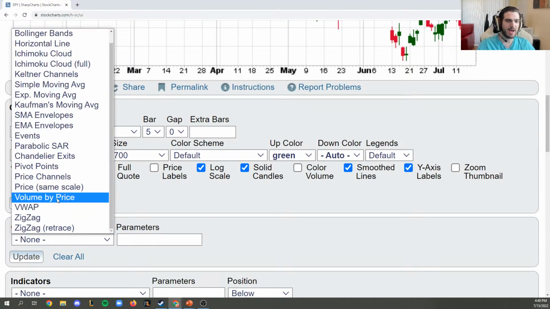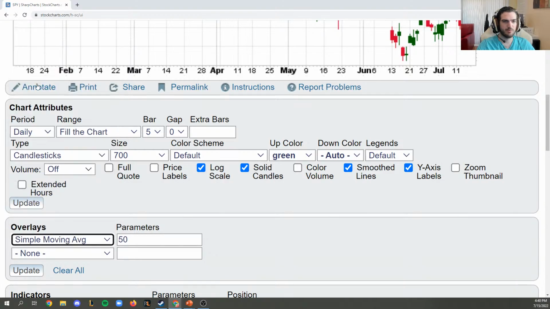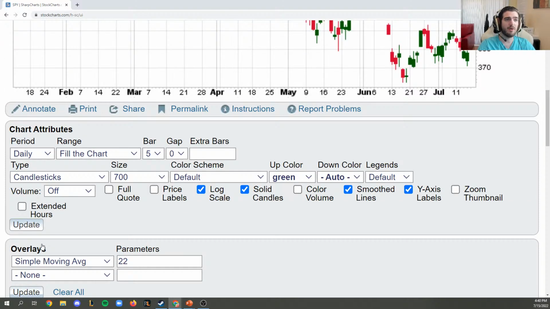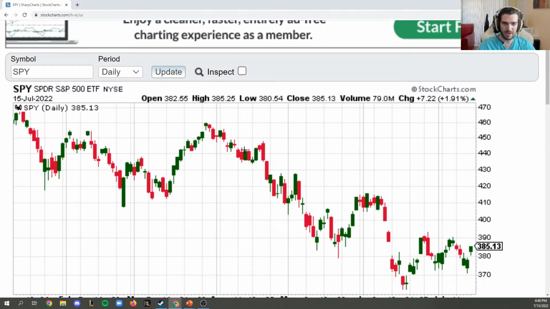Let's go ahead and add a moving average. We'll add a simple moving average of 22 days. 21 to 22 days is the average number of trading days in a month. So this is now going to look at every 22-day period and say, what was the average over those periods?